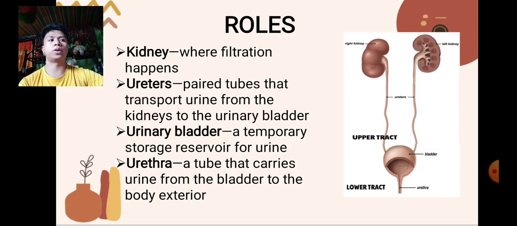Here are the roles of our urinary system. The kidney is where filtration happens. The ureters are a pair of tubes that transport urine from the kidney down to the urinary bladder. The urinary bladder is a temporary storage reservoir where the urine is stored.